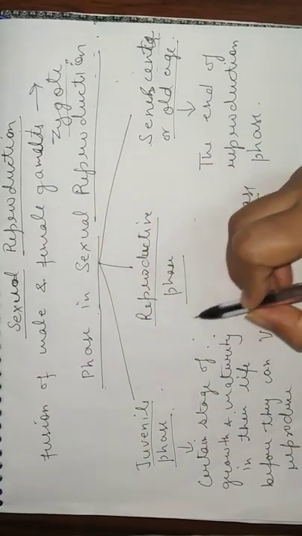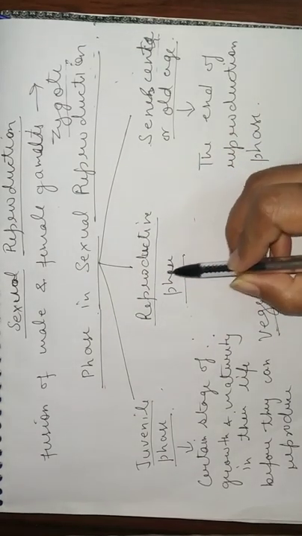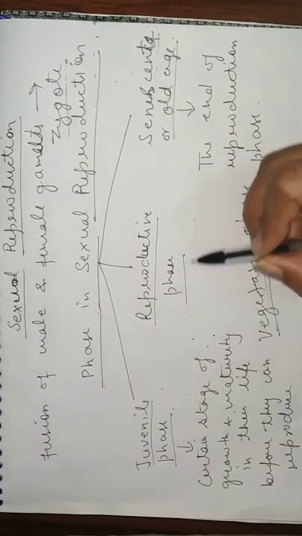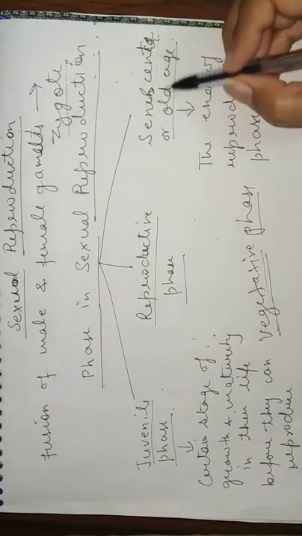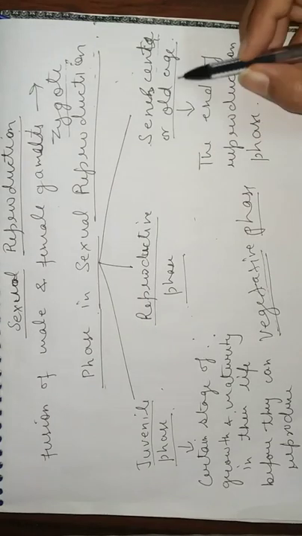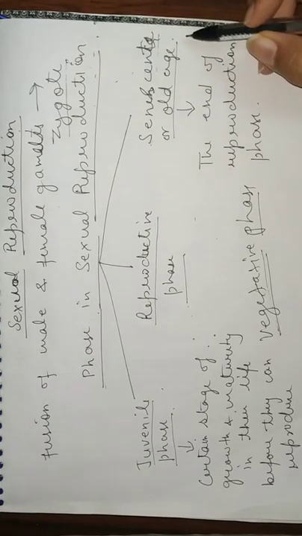The second phase is the reproductive phase, the age in which reproduction takes place. And the third one is the senescence phase, the old age phase. The end of the reproductive phase is known as the old age phase.